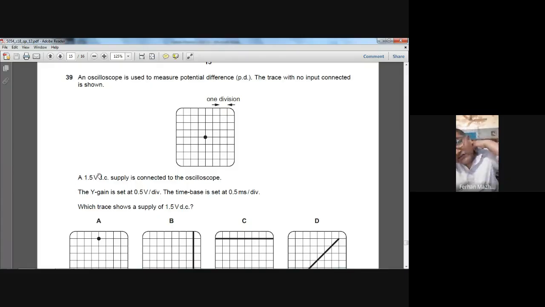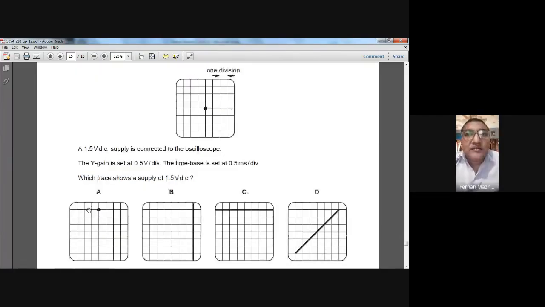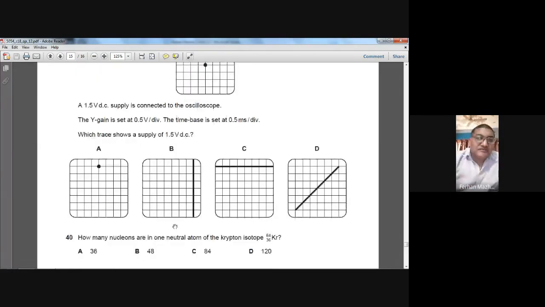So for 1.5 volt, with 1 division being 0.5 volt, the trace has to go 3 steps up. And the time base is set at 0.5 millisecond per division. The trace shows a 1.5 volt DC supply. It's a DC supply, so it will be a horizontal line, 3 steps above the center point. So C is the right option, because it was a DC supply.